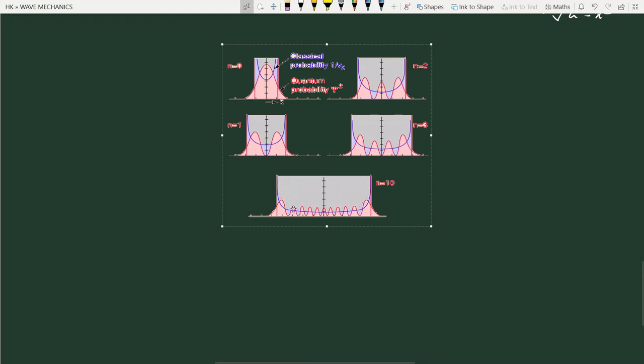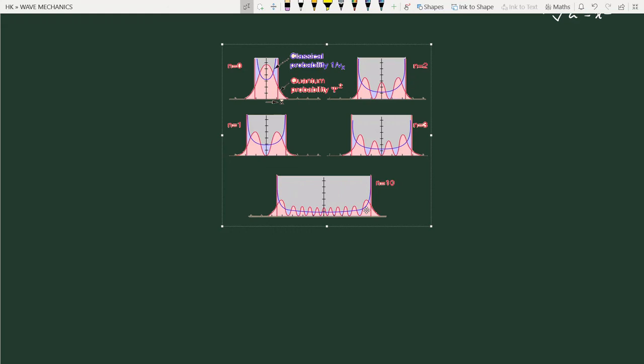So the overall behavior of the probability density of the quantum oscillator approaches that of the classical oscillator. As n increases, the probability of a quantum oscillator approaches that of a classical oscillator, and this is another example of Bohr's correspondence principle.